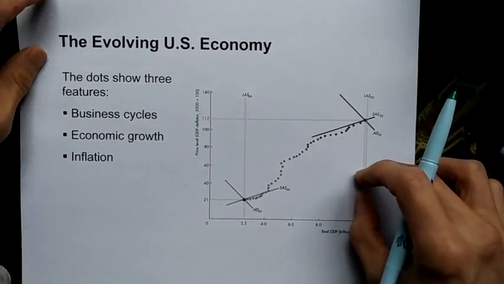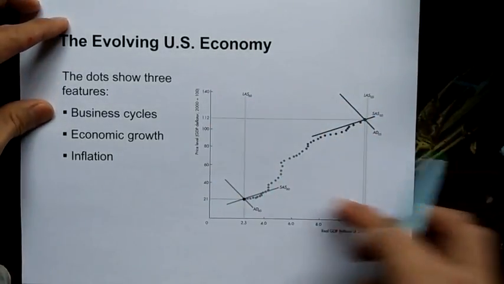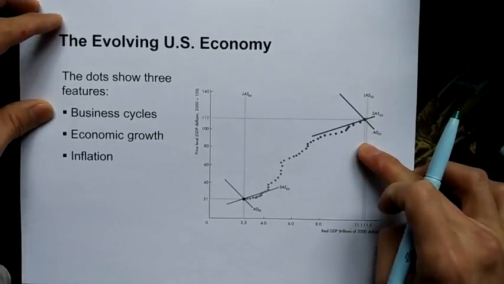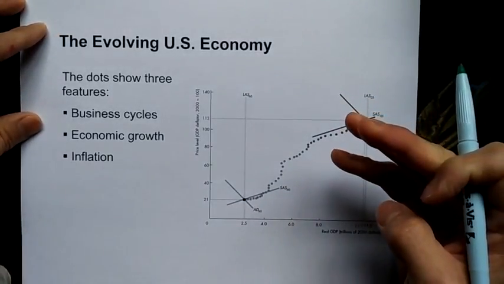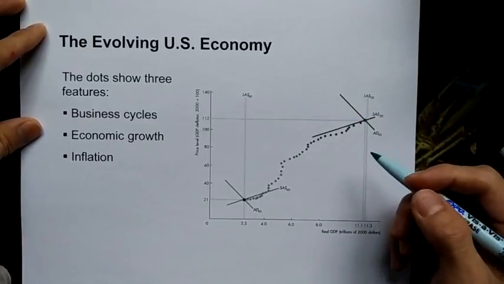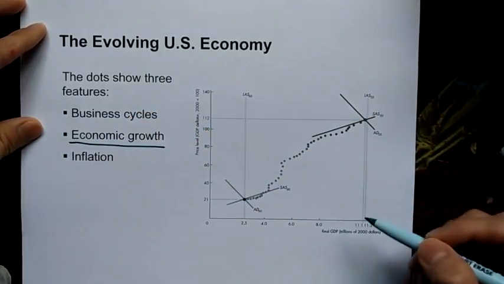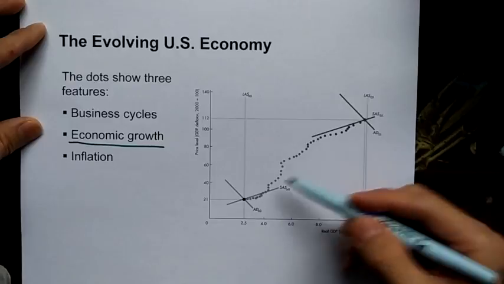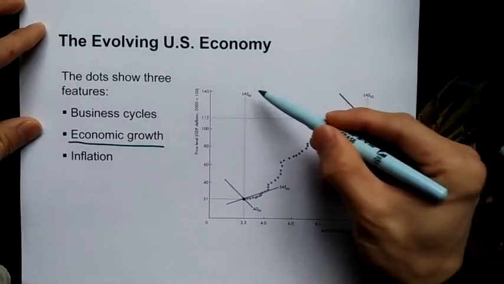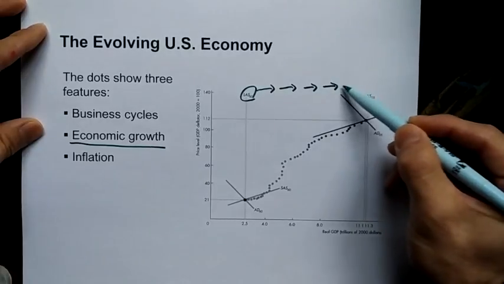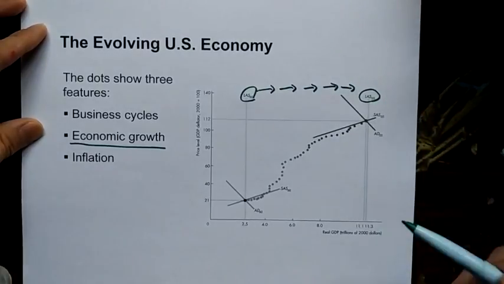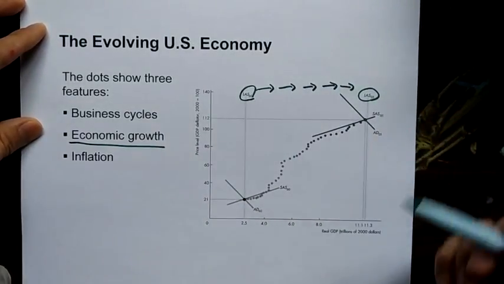So let me talk about this all over again. The demand and supply diagram can show us three topics in macroeconomics. Economic growth. How can you see that from this graph? This is the rightward shift of the long-run aggregate supply curve. That shows you the economic growth.